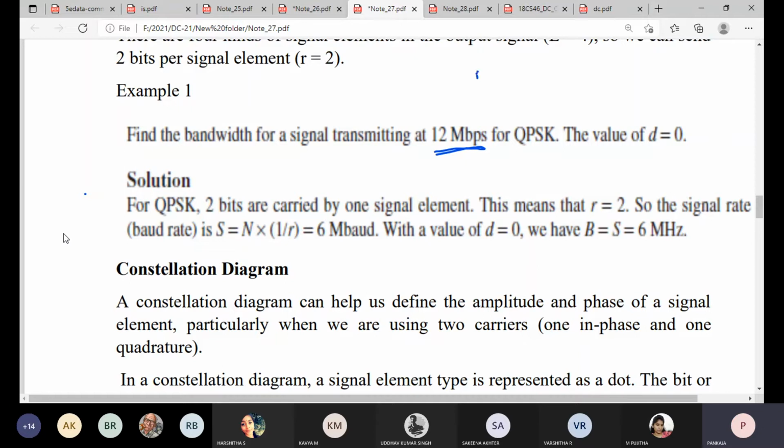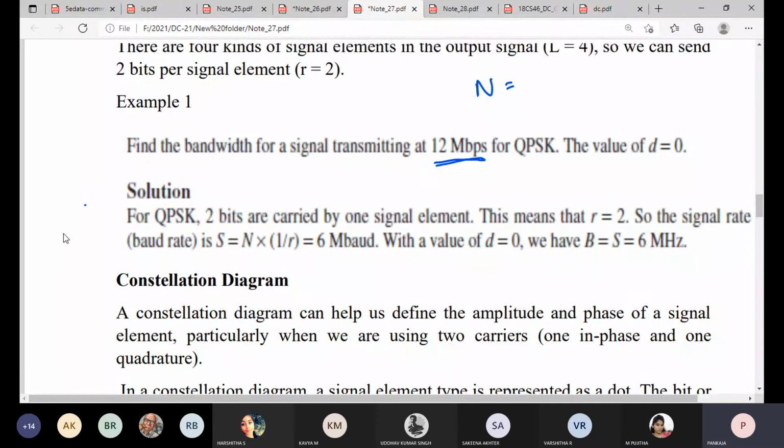The value of n is 12 megahertz for QPSK, and the value of d is 0. Now you should know what formula to use to calculate the signal rate.